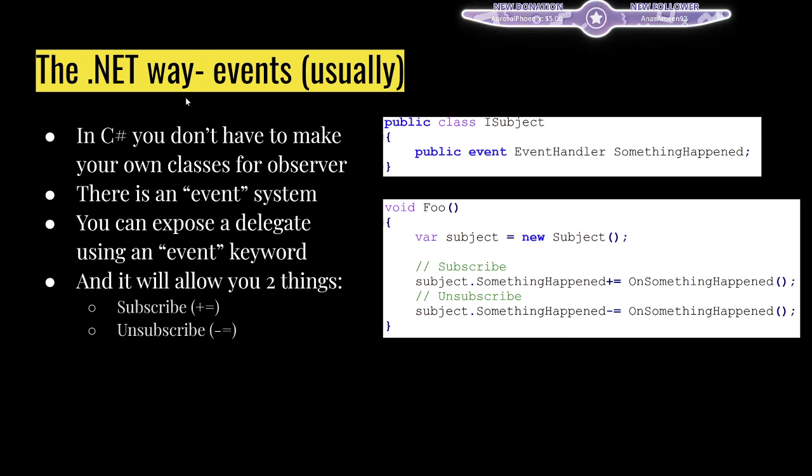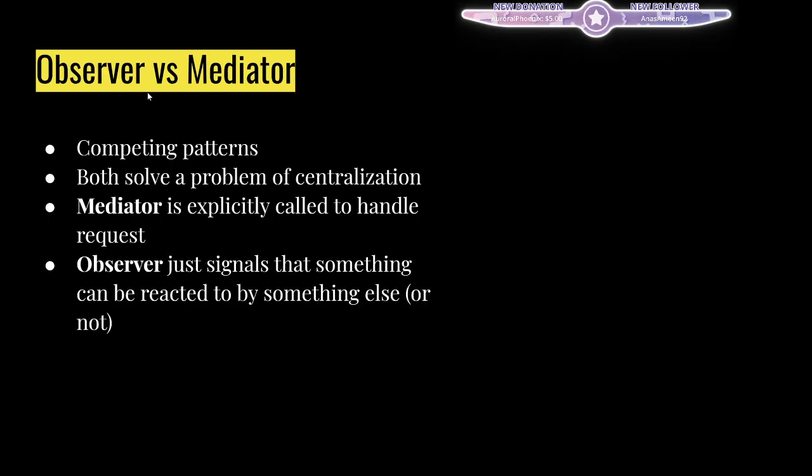The key thing about events, and the difference between observer versus mediator, is that mediator solves the problem of one-to-many. It solves the problem of dependencies knowing too much about each other and so on. That's the problem it solves.